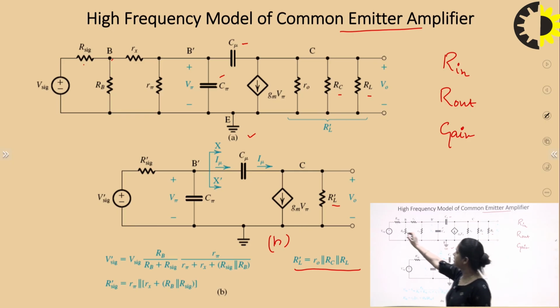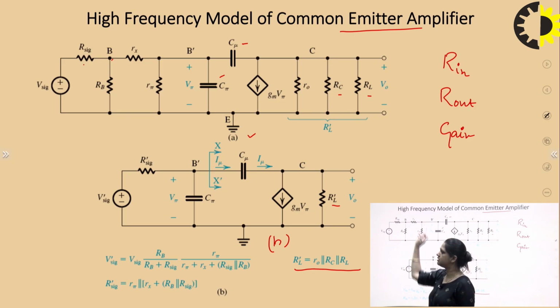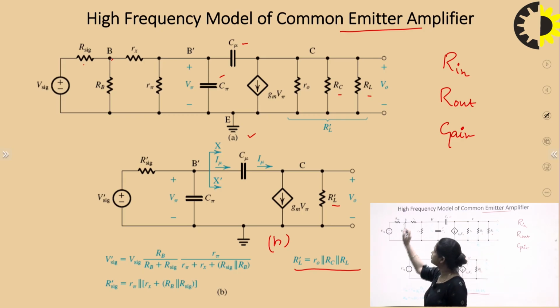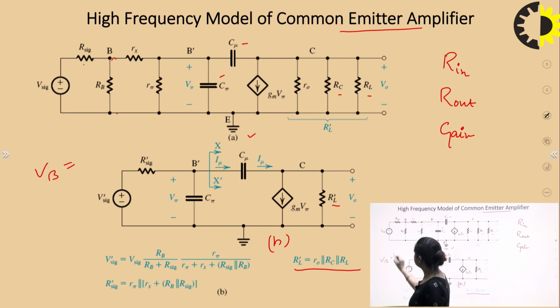Now this circuit can also be simplified using the voltage divider. So apply voltage divider here at this node. First calculate the voltage at this node. Let's say this is VB, and that equals V signal into RB upon RB plus R signal, if we apply voltage divider.